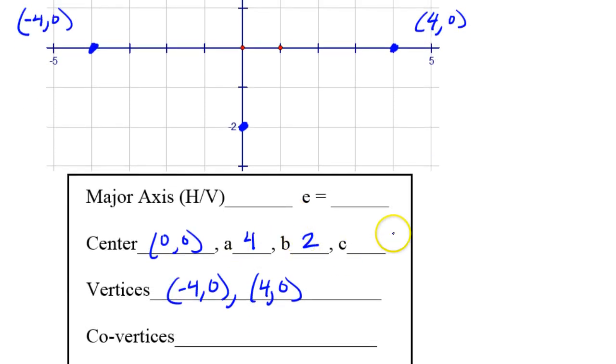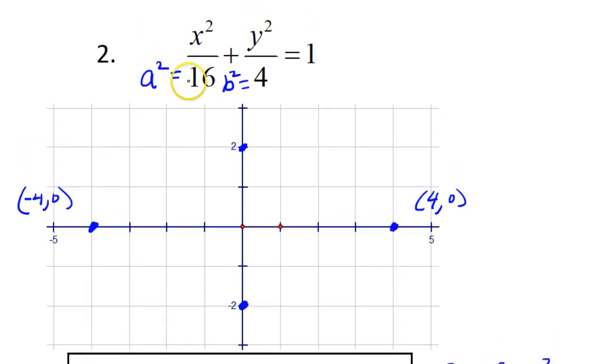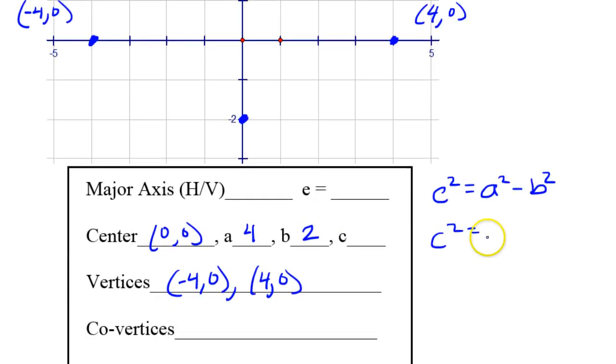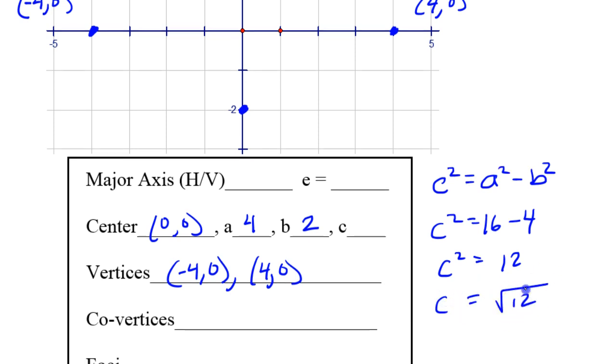We have a and b, so it's a good time to find c. C squared is equal to a squared minus b squared. So that means c squared is equal to 16 minus 4. So c squared is equal to 12. So c is equal to the square root of 12.